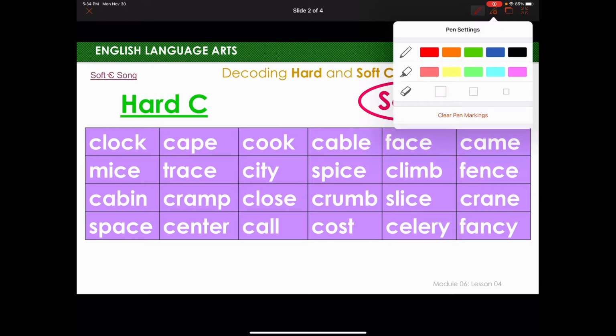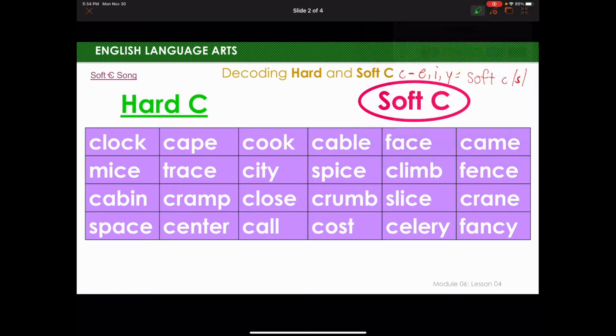If we have a hard C sound, we're going to highlight it in green. And if we have a soft C sound, we're going to highlight it in red. All right, here we go. Remember, soft C words, after the C, you will see an E, I, or Y.